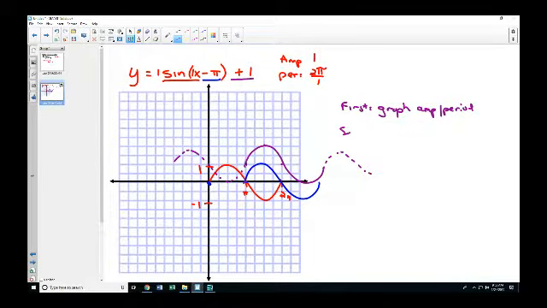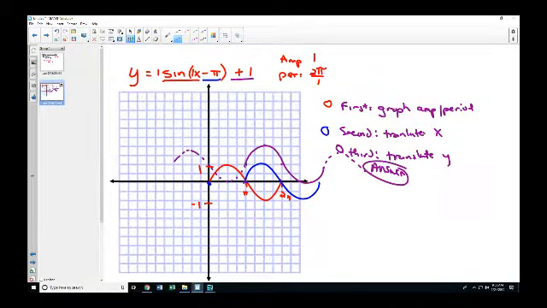And then the second thing we did, we translate in the x direction, and the third thing we did was translate it in y. Those are the 3 different graphs. This one is red, blue, and our final answer. That is the graph of the function. So if you need to do that, that's fine. I do not mind.